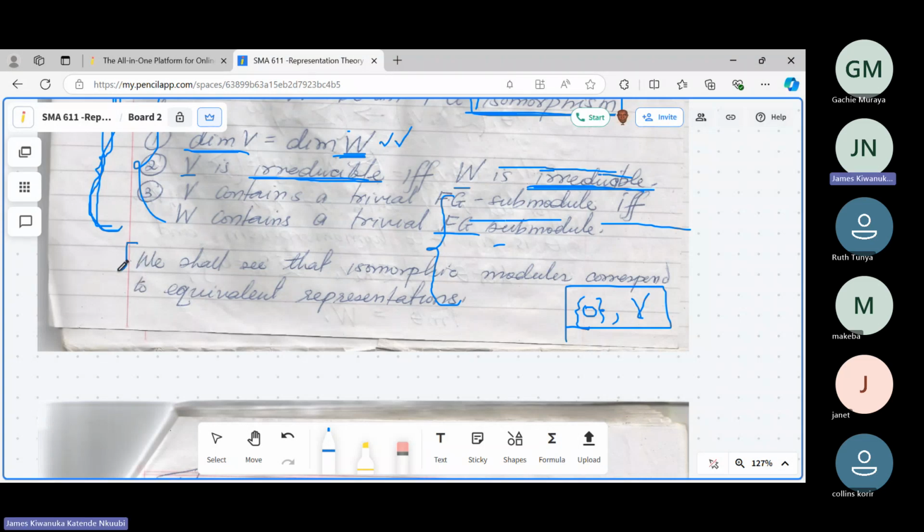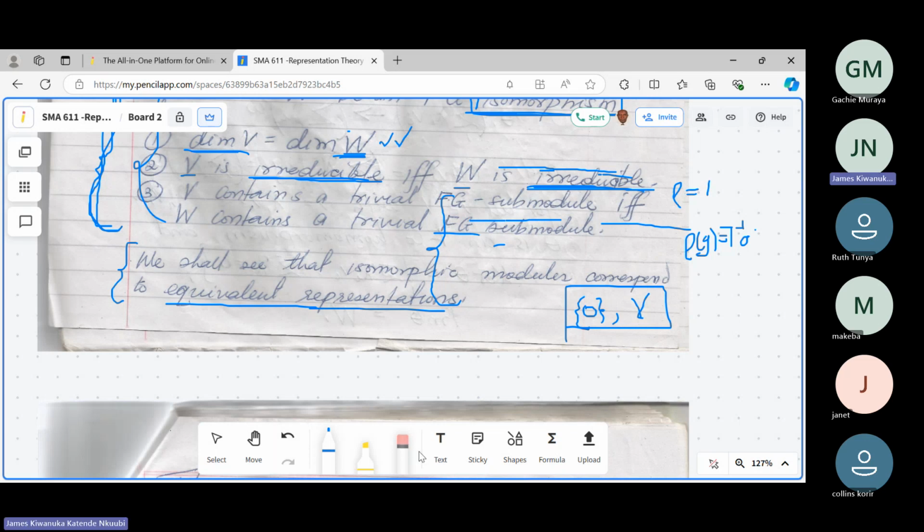So there's a statement here that says if you have two isomorphic modules, it's possible to show that they correspond to equivalent representations. Remember, we say that two representations are equivalent if, just hold on.